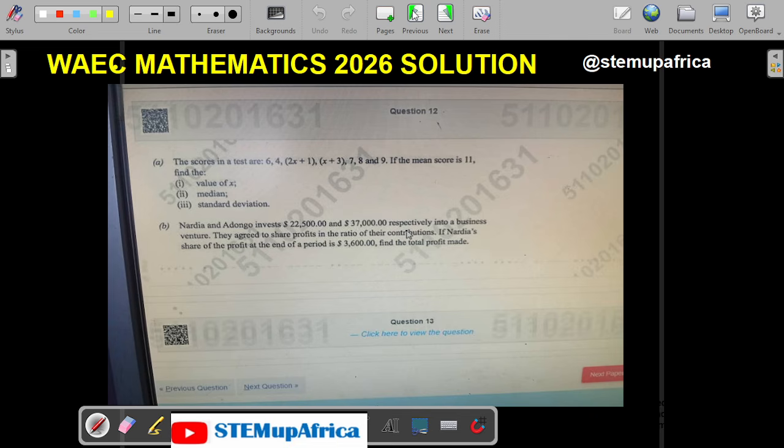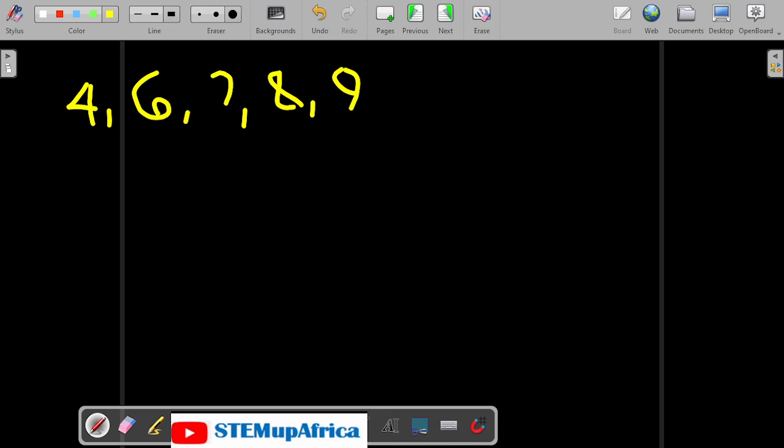Roman figure 2, so we should find the median. Now that we know the value of x as 13, I will start by arranging the numbers in ascending order. Starting from 4, then after 4 we have 6, and we have 7, 8 and 9.